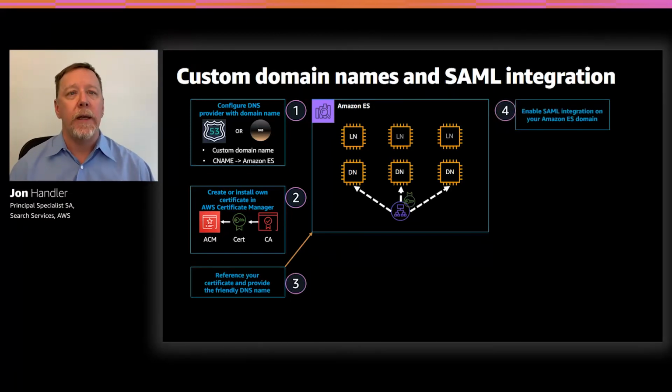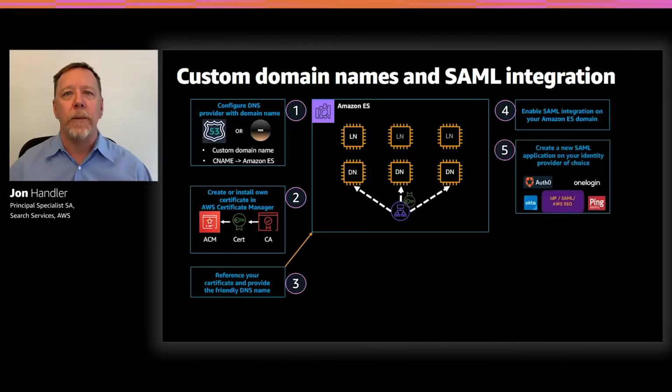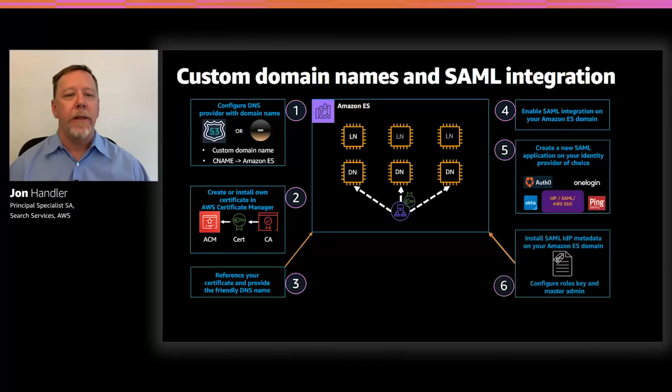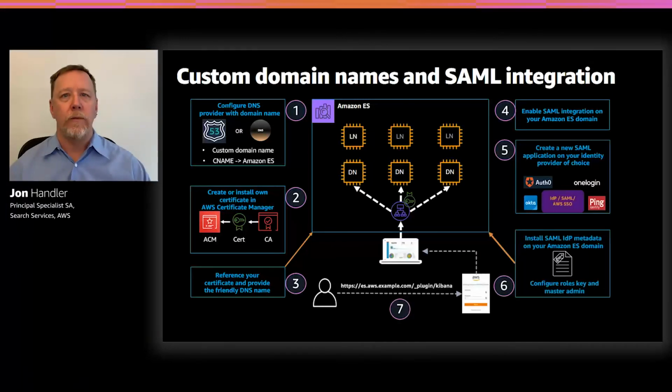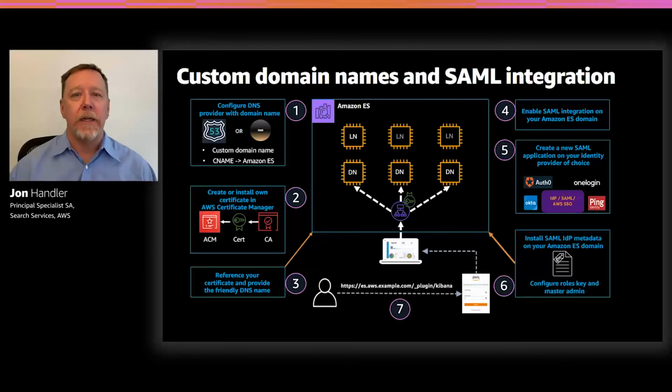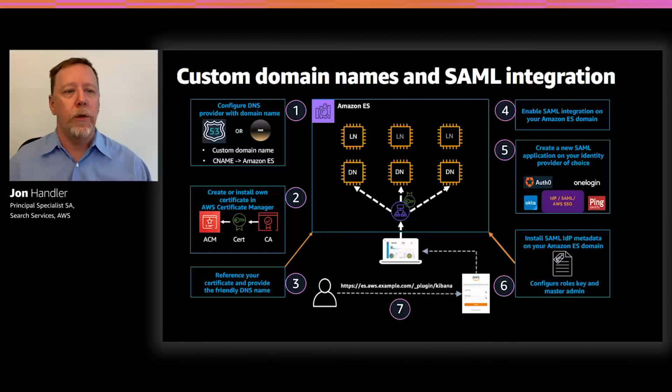On the SAML side, again, you're going to create your SAML application. We support things like Auth0 and Okta and Ping, common SAML providers, that you then bring the metadata into the service, and when requests come in, they are authenticated. For Kibana, they're authenticated via the SAML application, and then you can do the fine-grained access control based on the Open Distro for Elasticsearch security plugin.